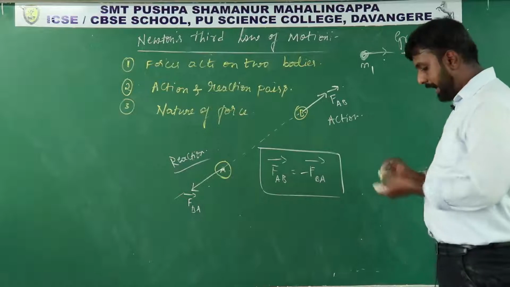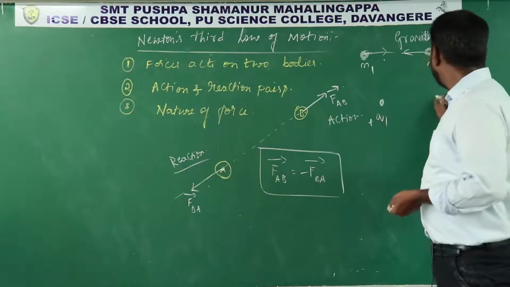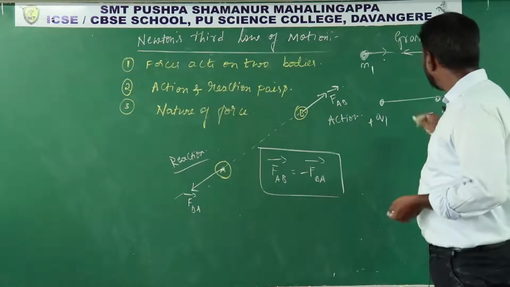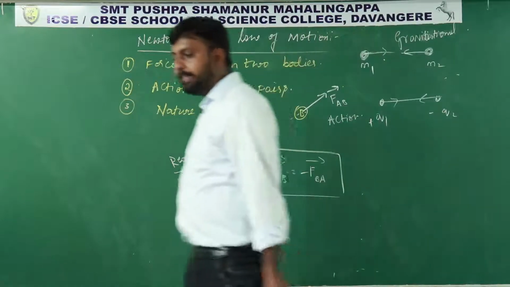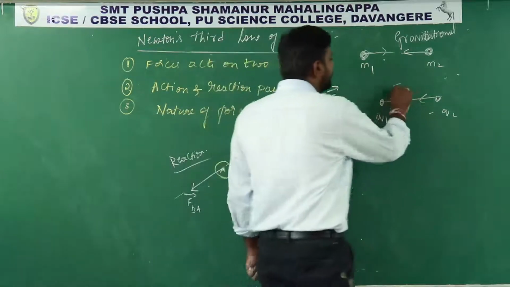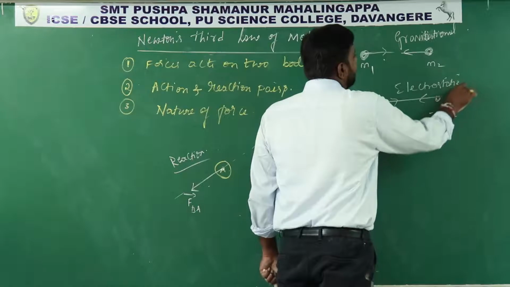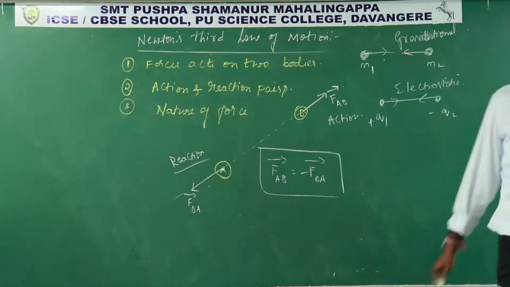And if you have a charge plus q1 and here a charge minus q1, between these two charges there is an attractive force, the electrostatic force. Gravitational force is different, electrostatic force is different.